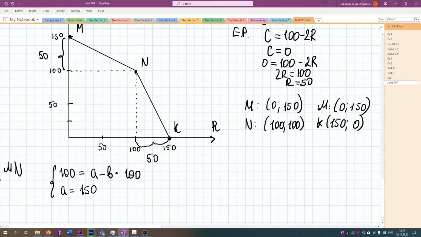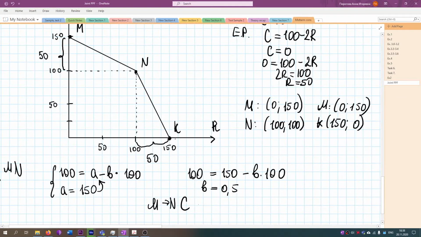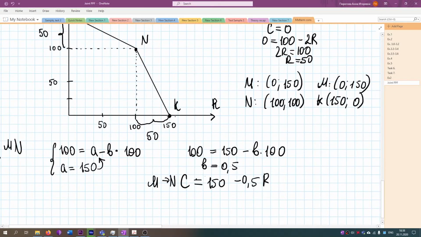So instead of A we use 150 minus B multiplied by 100, and we receive that B is equal to 0.5, and this means for M to N our equation will look like C equals 150 minus 0.5r.